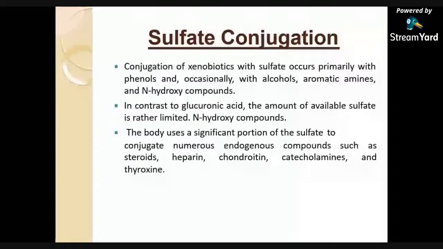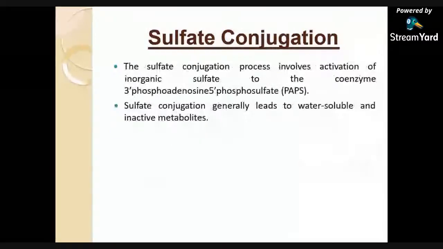The body uses a significant portion of the sulfate to conjugate numerous endogenous compounds such as steroids, heparin, chondroitin, the catecholamines and the thyroxines. The sulfate conjugation process involves activation of inorganic sulfate to the coenzyme 3-phosphoadenosine 5-phosphosulfate, abbreviated as PAPS. Sulfate conjugation generally leads to water-soluble and inactive metabolites.